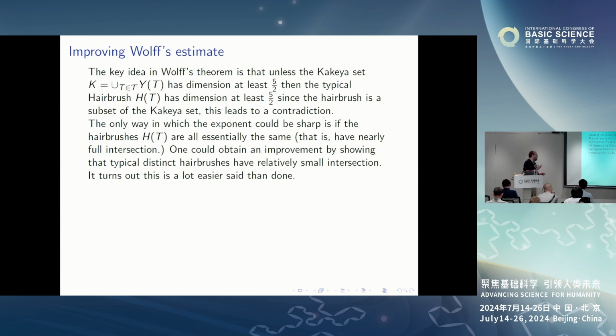And when Laba and Tao and I were initially working on this upper Minkowski dimension paper, this was really our initial point of view, that it must be very, very hard for hairbrushes to completely overlap each other, and this should be the way to gain at least a small improvement over Wolff's estimate.